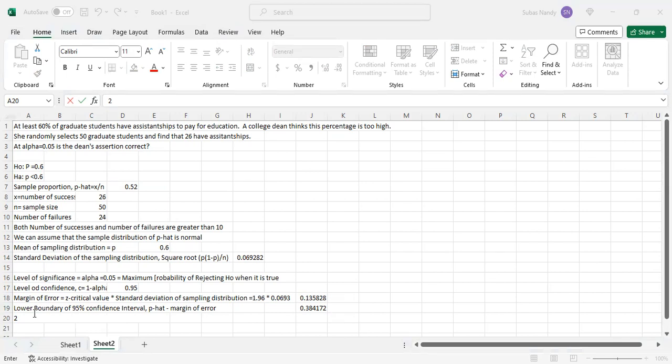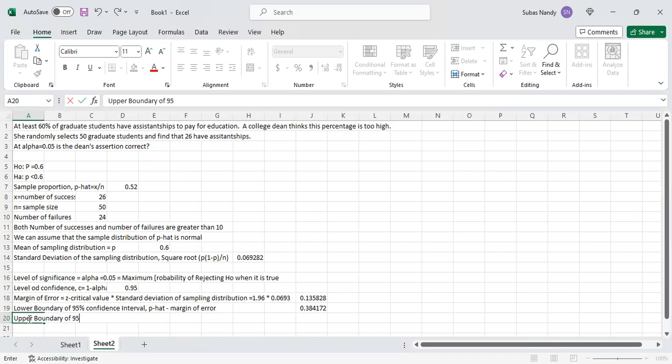So let's write it: upper boundary of 95% confidence interval is equal to P hat plus margin of error.